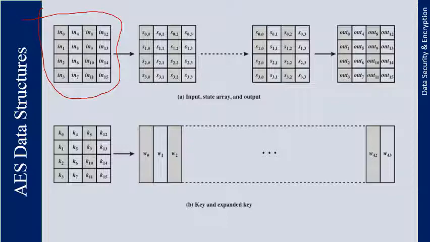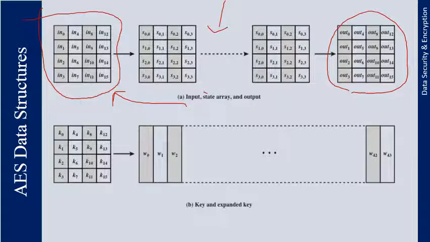This block is copied into a state array, which is modified at each stage of encryption or decryption. After the final stage, the state is copied to an output matrix. So there are a number of transitions on the input vector or input grid, and there are a number of state arrays, and then finally we get the output matrix.